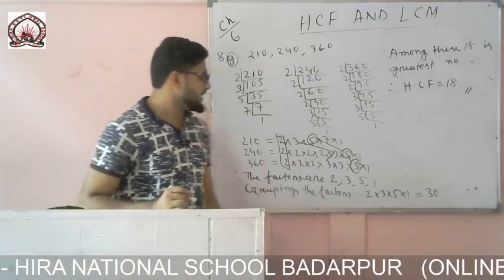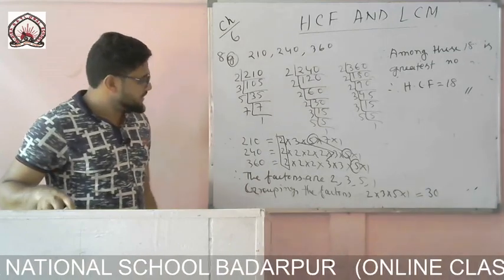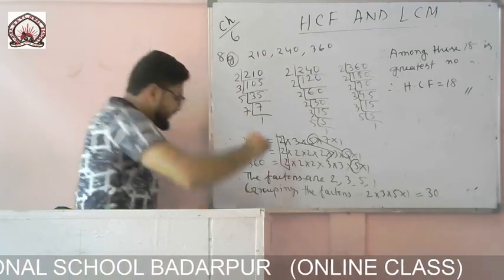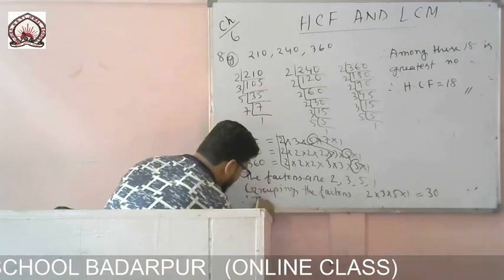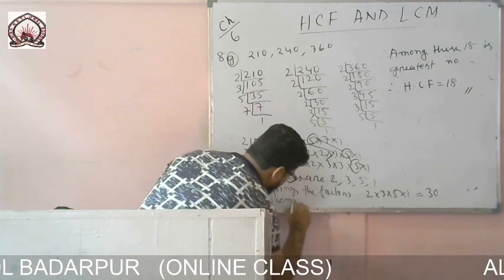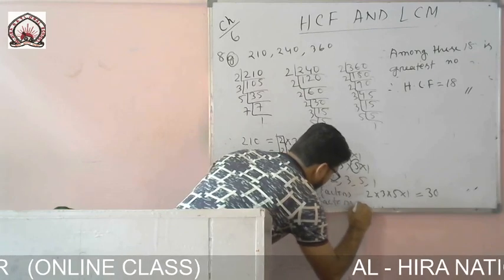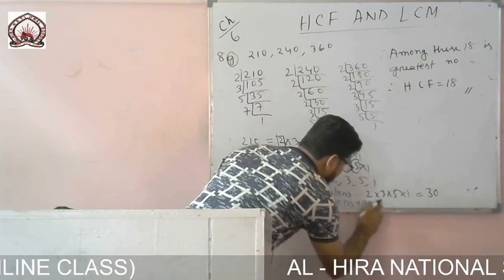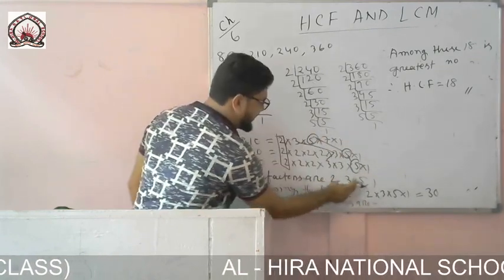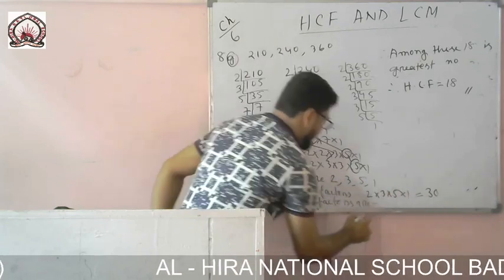What? 30. Now write. Therefore the common factors are what? Earlier, 2 3 5 1. Now this 30 will be added.